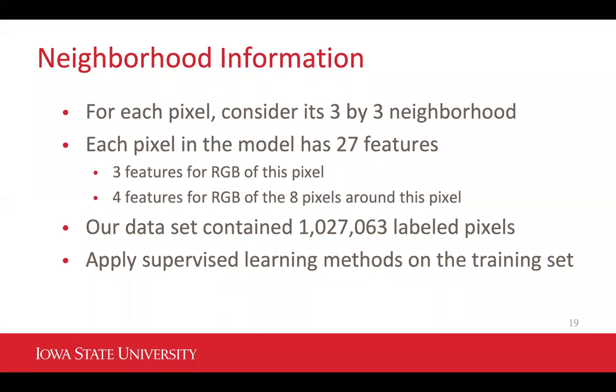These include 3 features for the red, green, and blue intensities of this pixel, and, sorry, I made a typo here, this should also be 3, and 3 features for the red, green, and blue intensities of each of the 8 pixels around this pixel. So in total, it has 27 features.